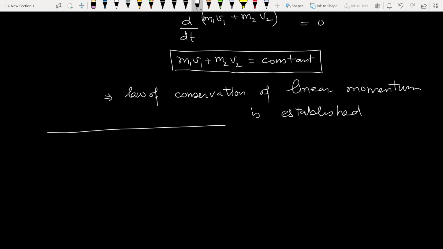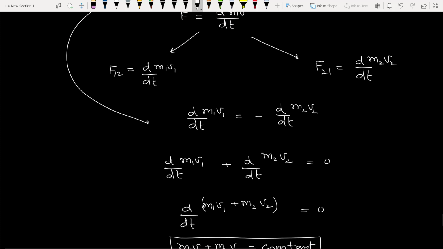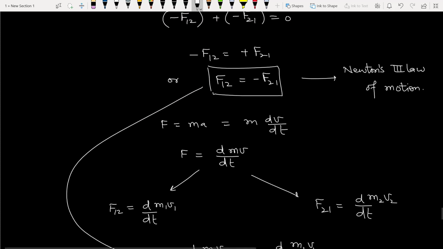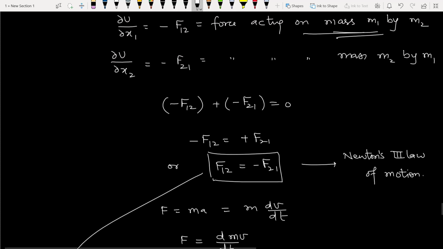So according to homogeneity of space, both the laws are obeyed. Newton's third law of motion and law of conservation of linear momentum are both followed in the same form. It does not depend upon the choice of the coordinate system, whether we are in the S frame or in the S dash frame of reference.